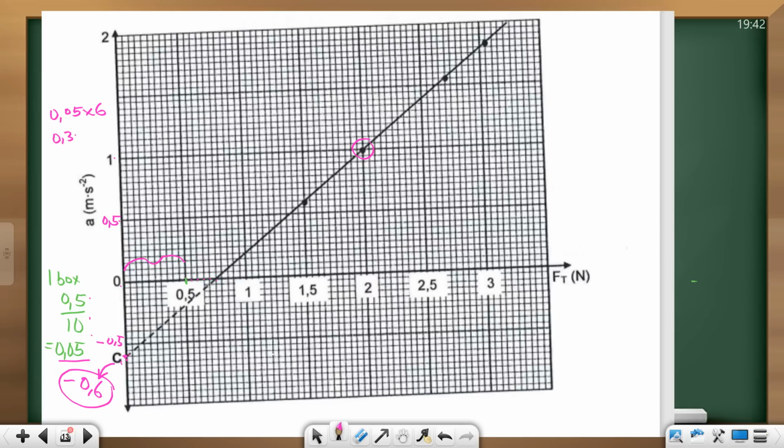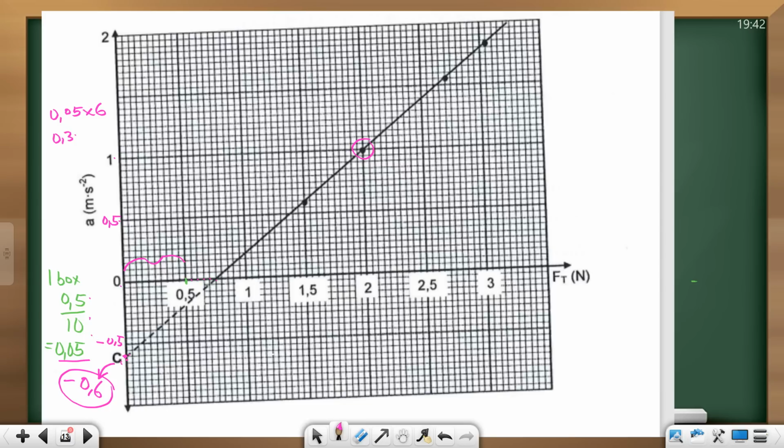Come, give me answers. What do you have? Gradient: y2 minus y1 over x2 minus x1. Come on. 5 over 6? Can we confirm? Please give me your answers quickly.